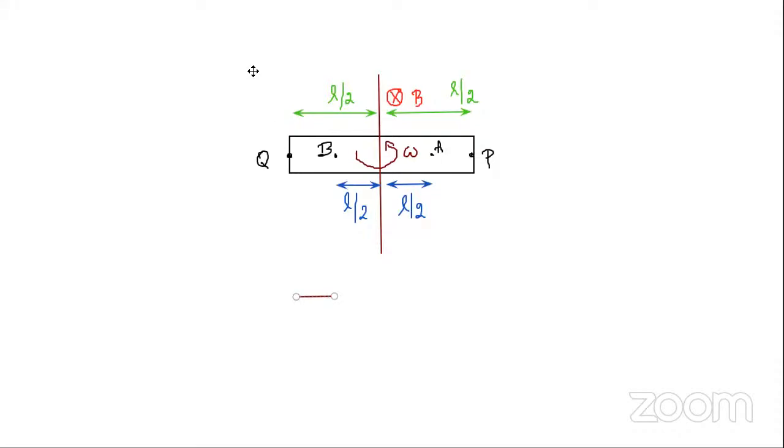Why is it called a battery? Because a potential difference is generated at this point B, and that is due to the rotation of the conductor. This is the negative terminal, and this is the positive terminal.